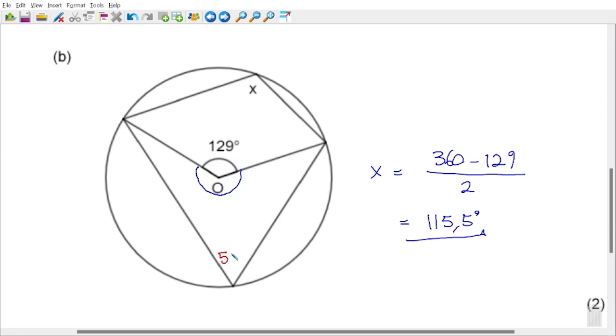It's actually 64.5 degrees, and then I can use the opposite angles of a cyclic quad, which are supplementary, and the supplement of 64.5 is 115.5.